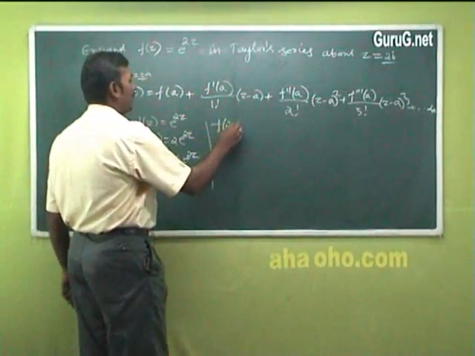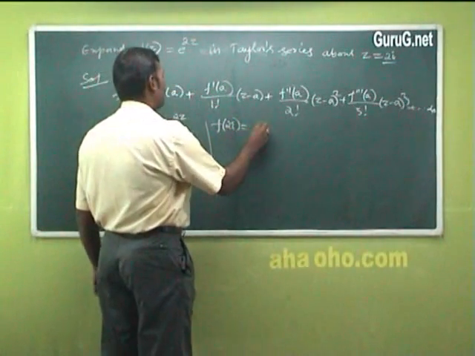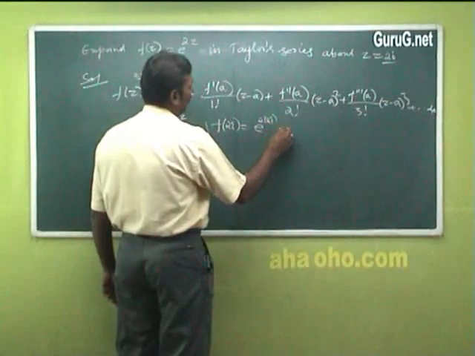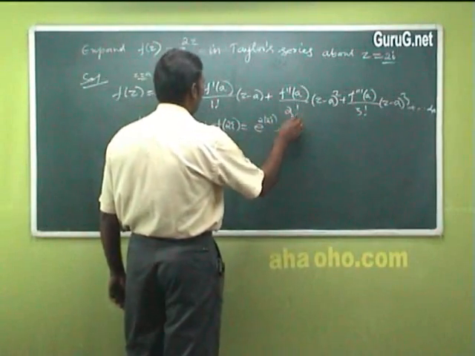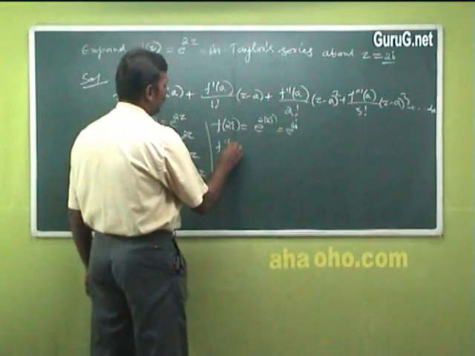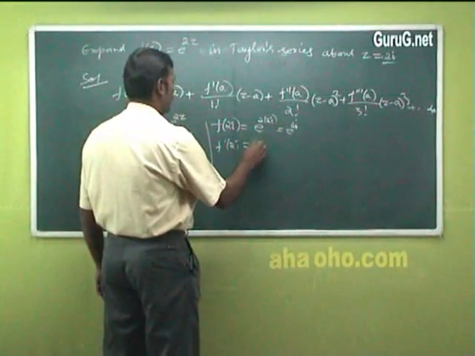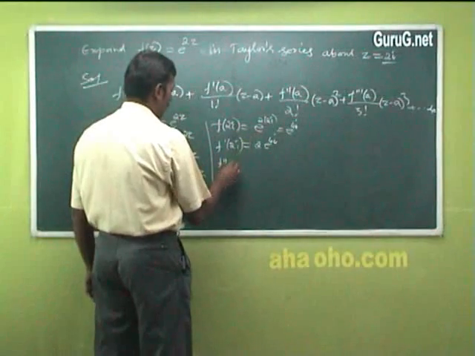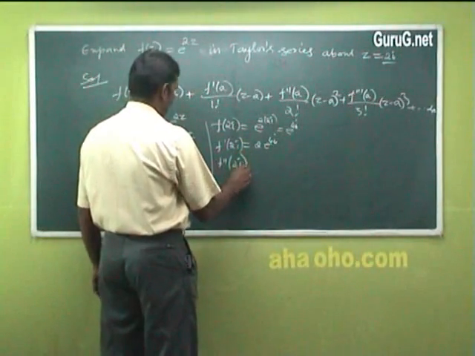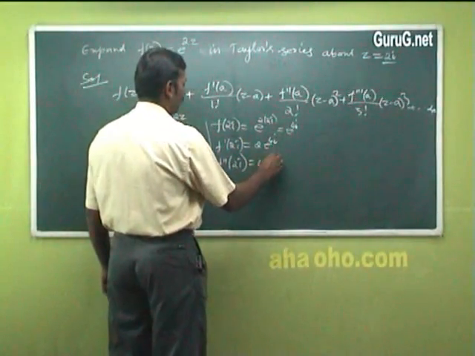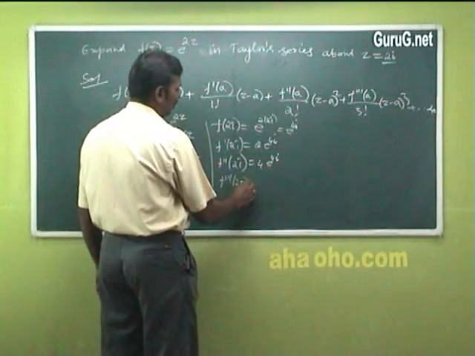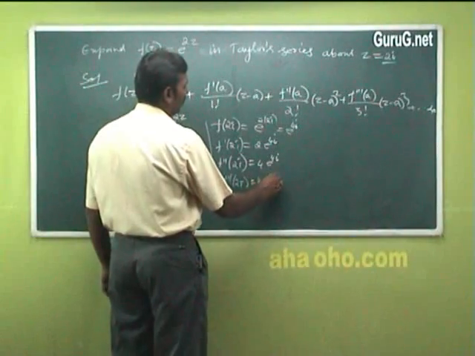So f of 2i equal to e power 2 into 2i, which is equal to e power 4i. Then f dash of 2i is 2 into e power 4i, f double dash of 2i is 4 into e power 4i, f triple dash of 2i equal to 8 into e power 4i, right?